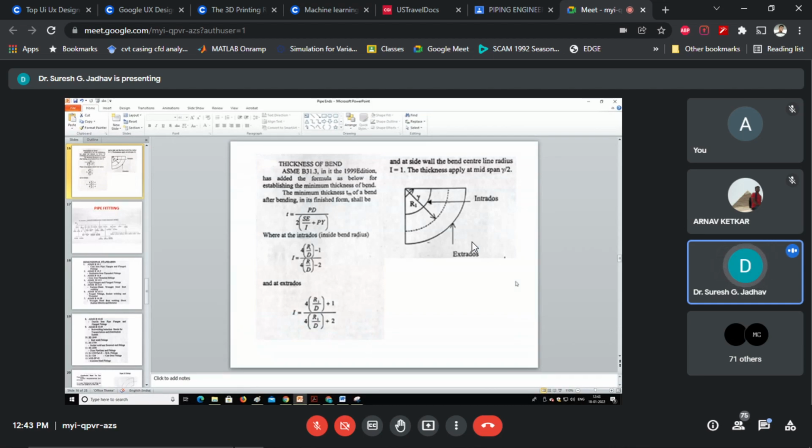These are not designed as per ASME standards, but as per the requirement of industry, we can manufacture different kinds of bends, and we design bends as per the requirement of vendors as well as industries. But we have to refer to ASME B31.3.